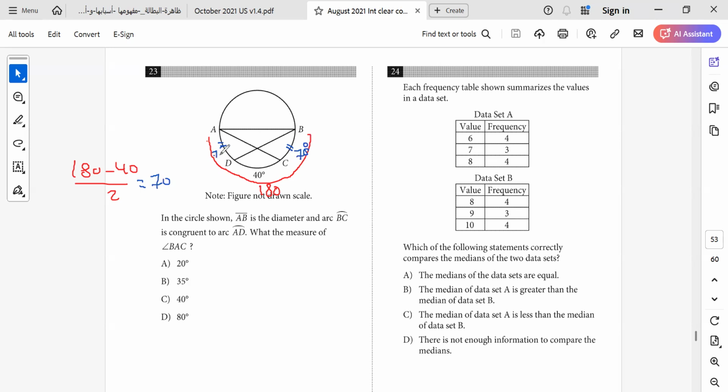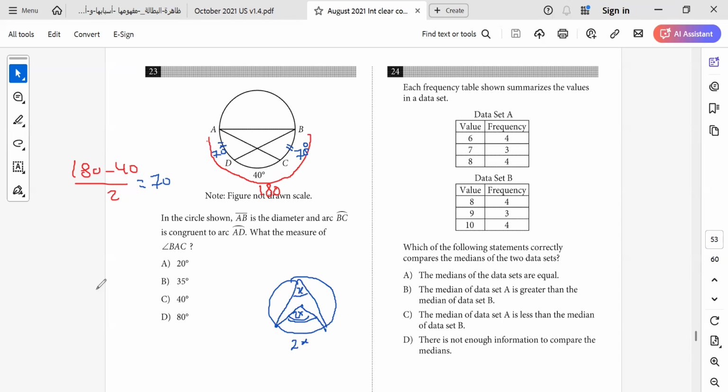What is the relation between the arc and the required angle? This angle is half. Do you remember? The measure of the central angle is the same as the measure of the arc, but the inscribed angle is half.